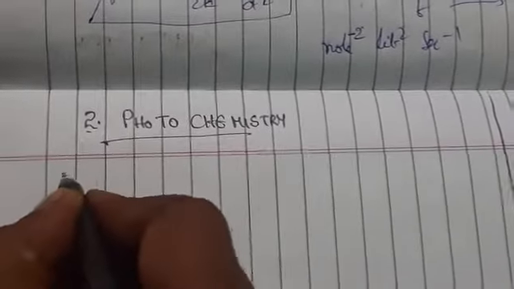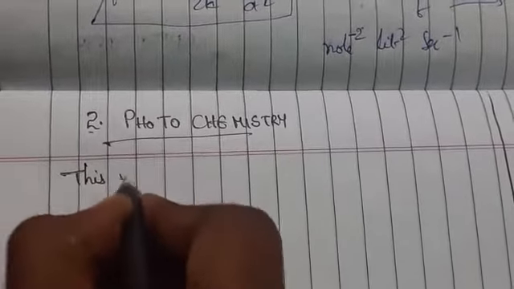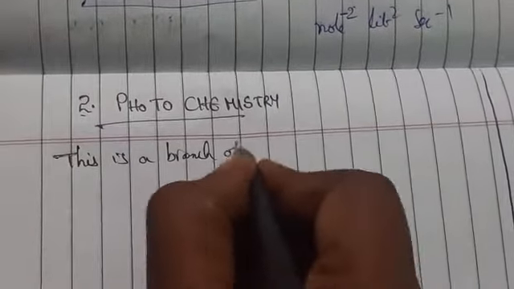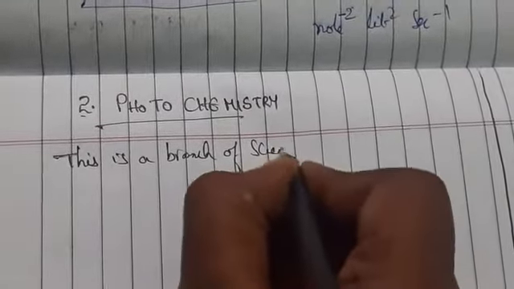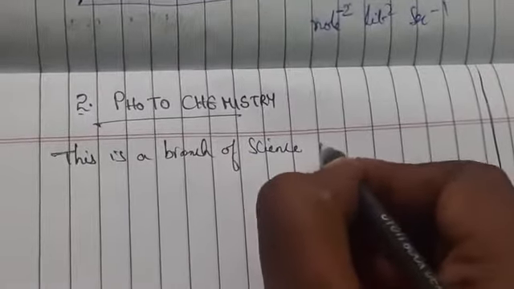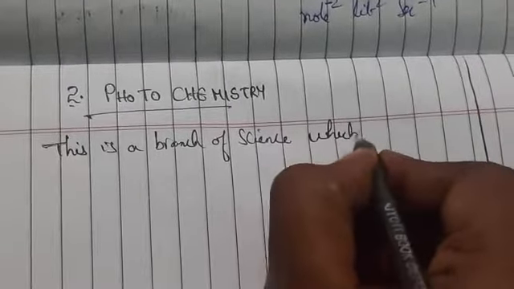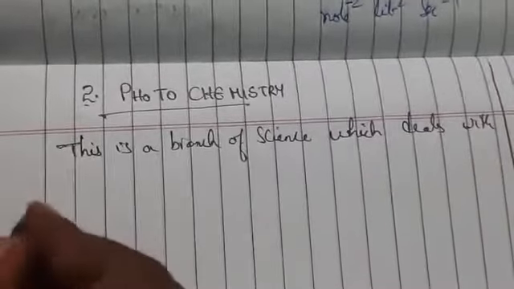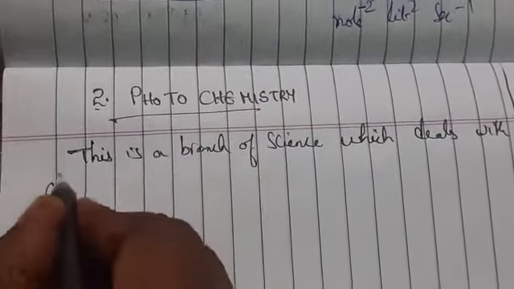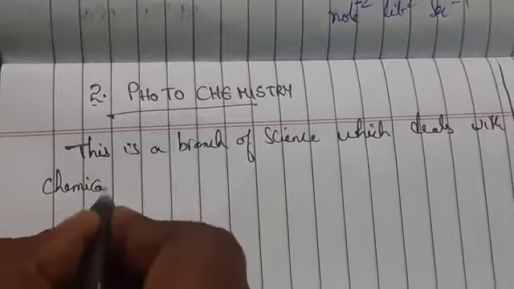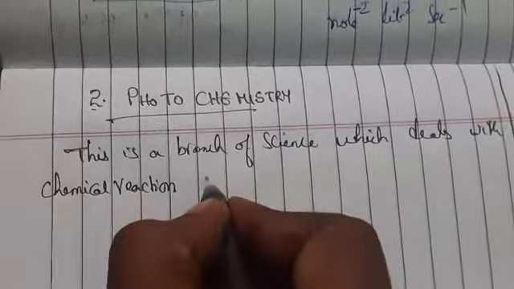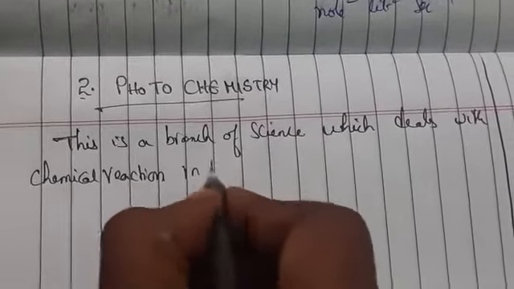So by this what can we say? Photochemistry is nothing but a branch of science which deals with chemical reactions in the presence of light.